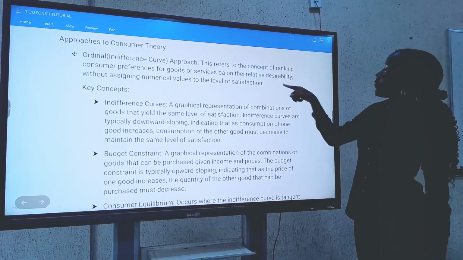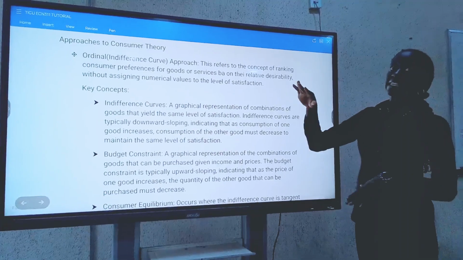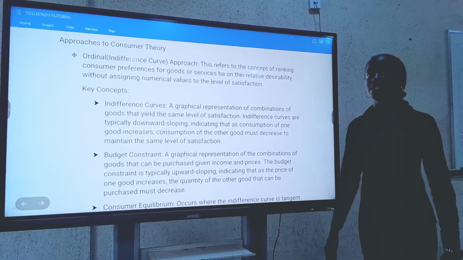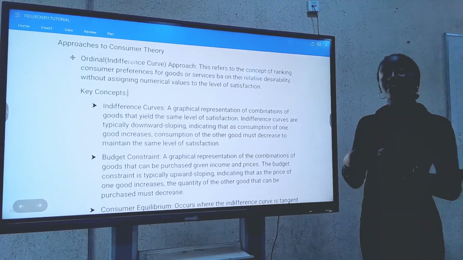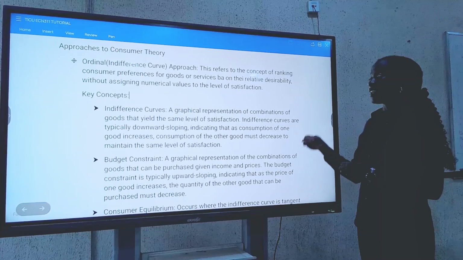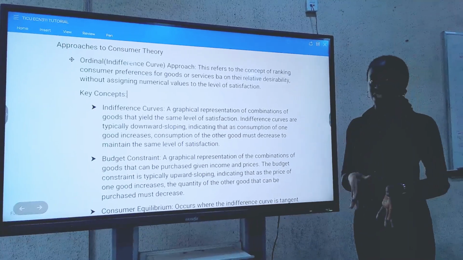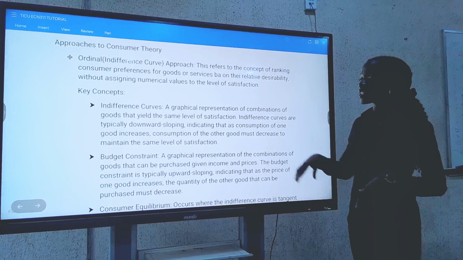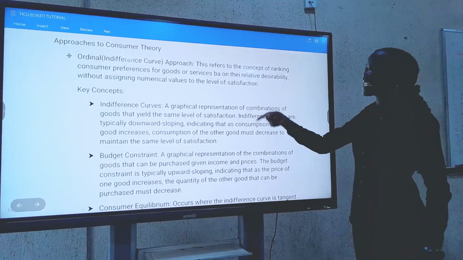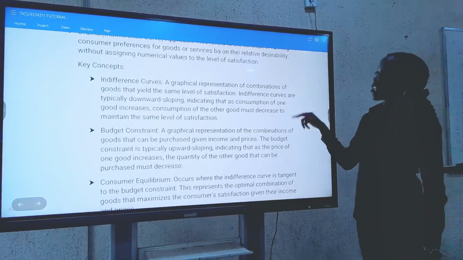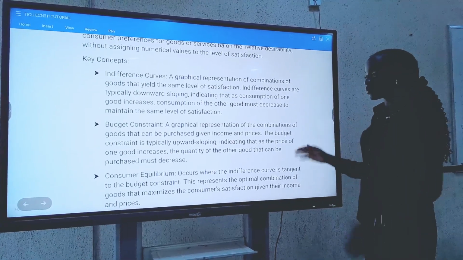Even if I consume 8 sachets of water and 6 sachets of biscuits, and I increase my consumption of water, that means the consumption of biscuits will decrease. As far as it's still on that same indifference curve, it means I'm getting the same level of satisfaction irrespective of the change in the consumption of the goods.